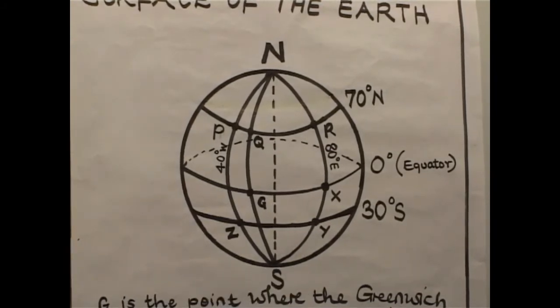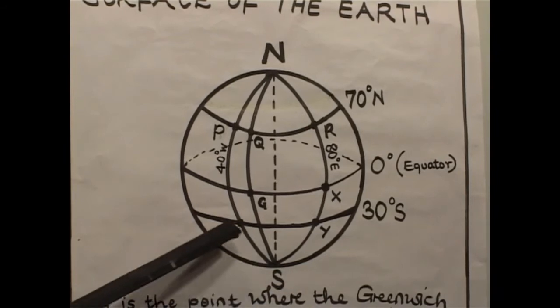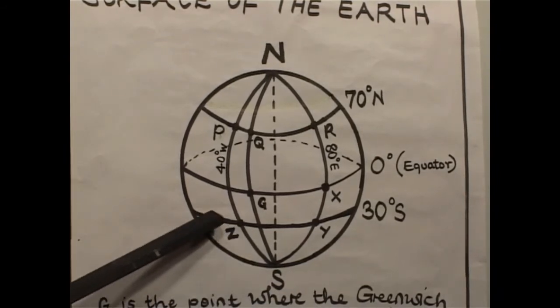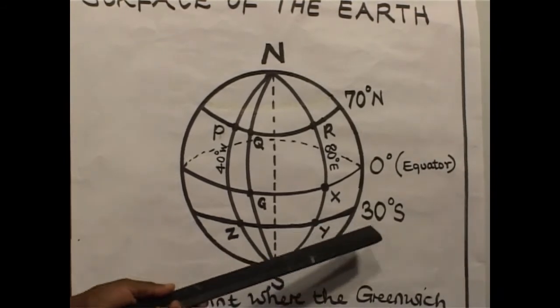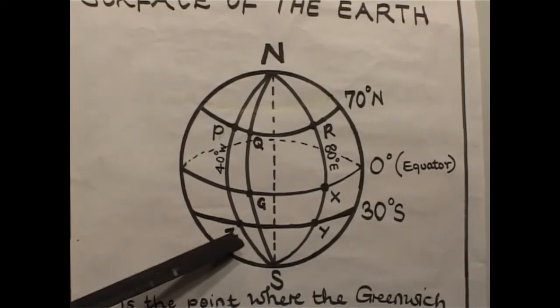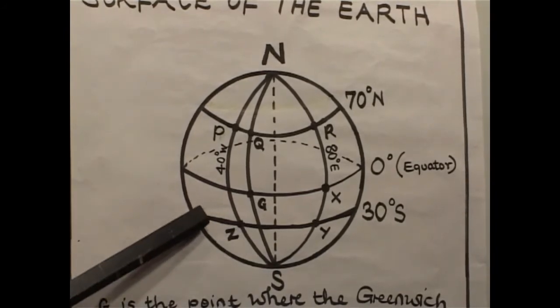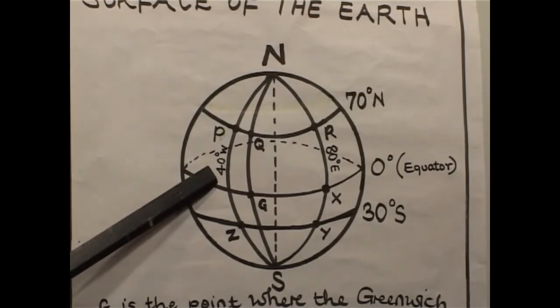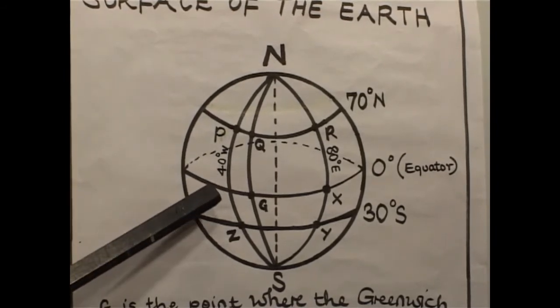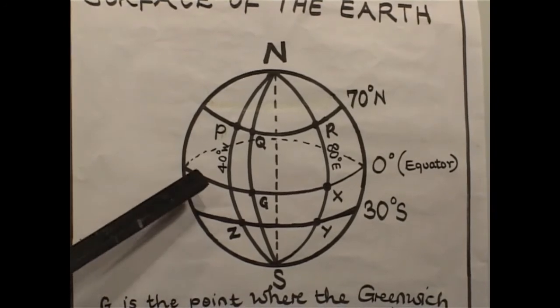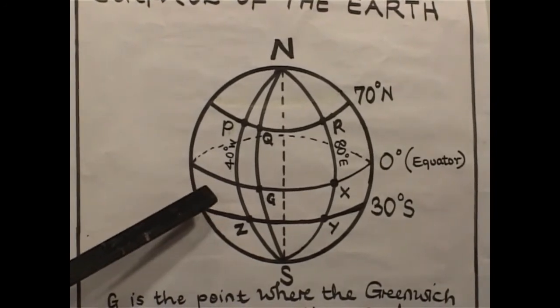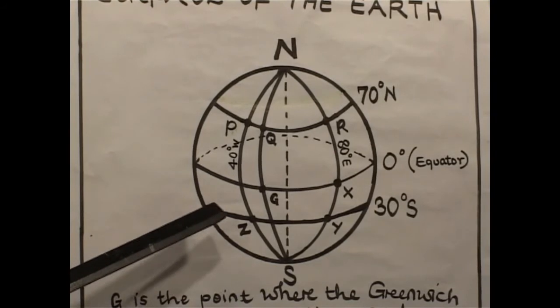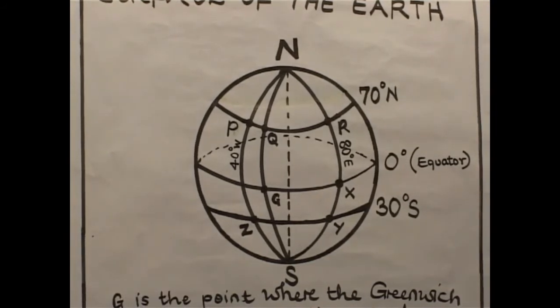Coming to the position of Z on the chart, you can see that it lies just on the same 30 degrees south, just like Y. This is point Z, and the longitude for point Z is 40 degrees west. So we can simply say that the position of Z is 30 degrees south, 40 degrees west.